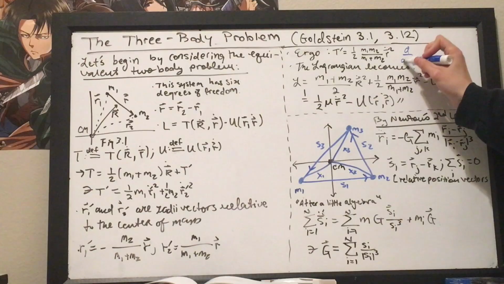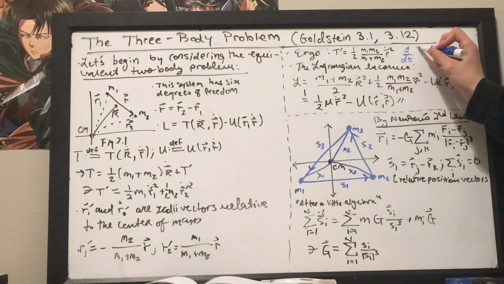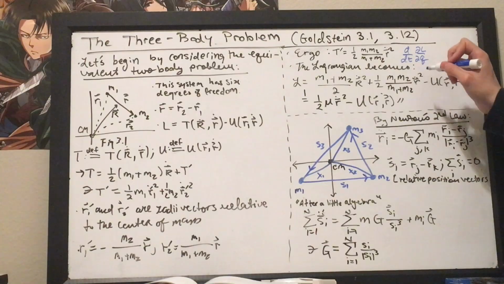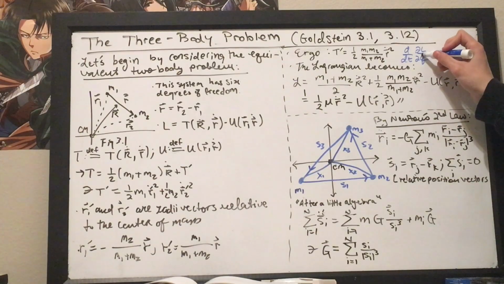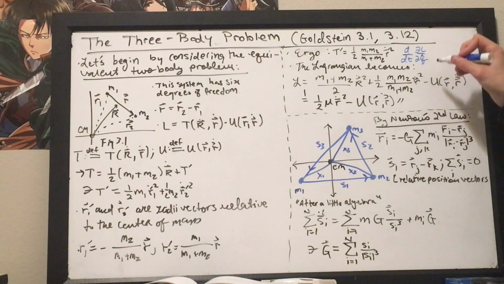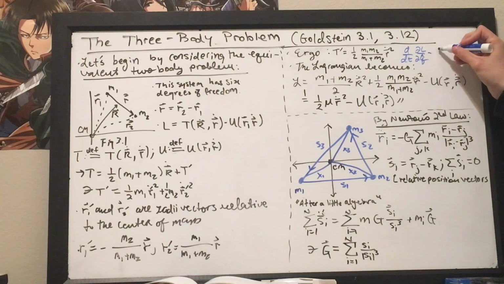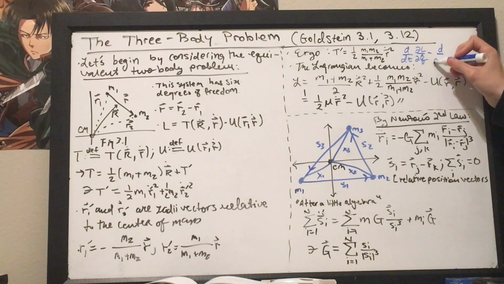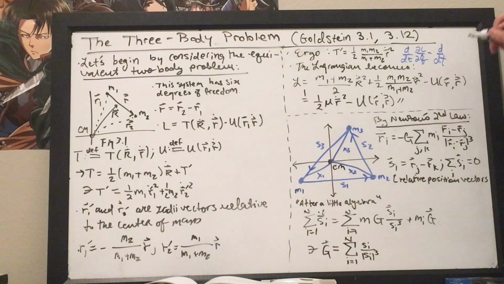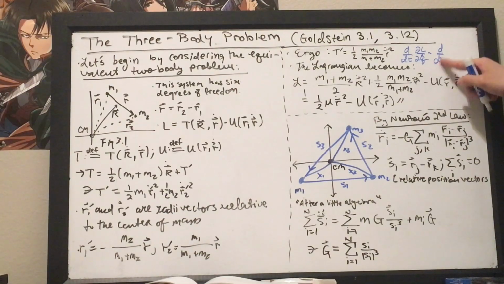I believe it is the time derivative of the partial derivative of the Lagrangian with respect to the velocity of some position coordinate q, and this can be anything, minus just the partial derivative.